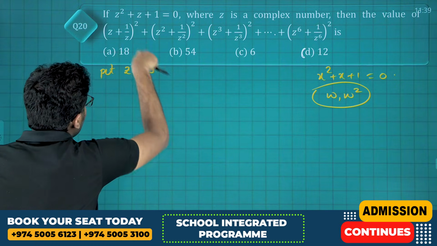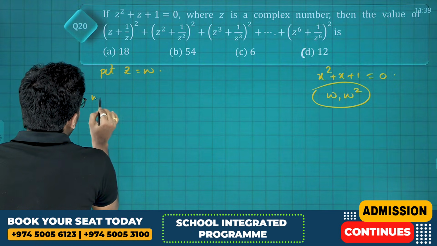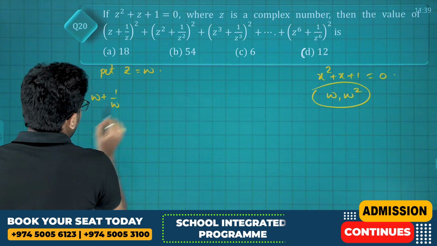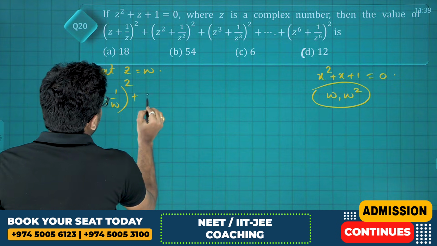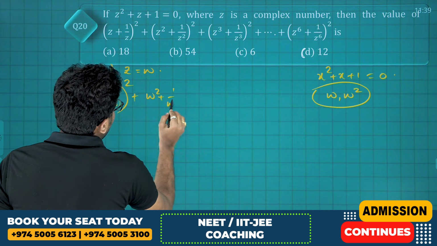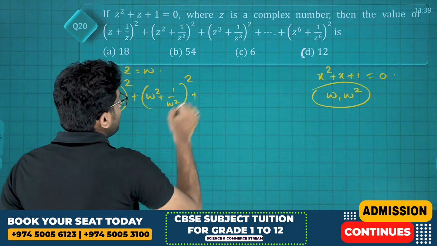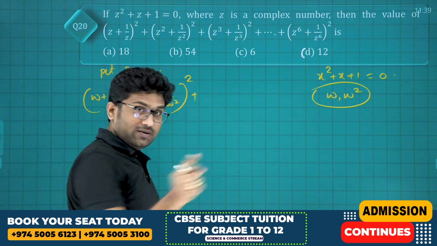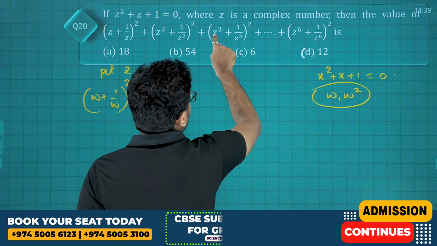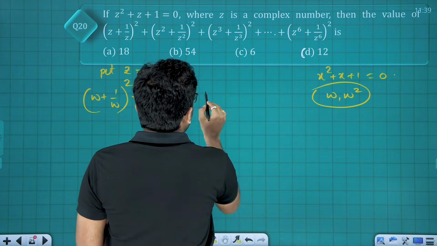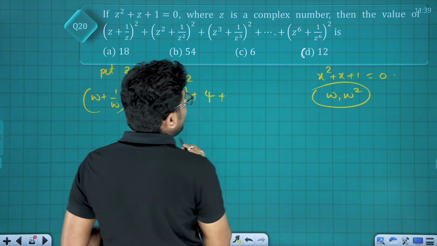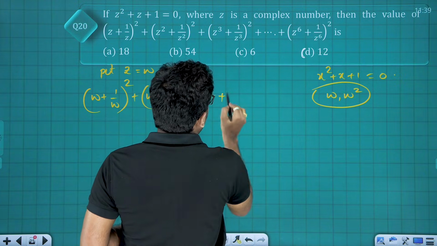So if you put omega in this case, see friends, omega plus 1 by omega whole square plus omega square plus 1 by omega square whole square. Guys, omega cube is 1. So this part is 1 plus 1, 2 square, which is 4, plus this part is also 4.